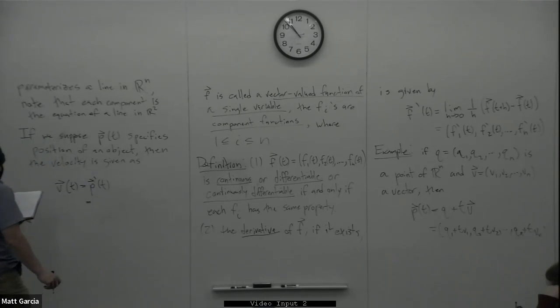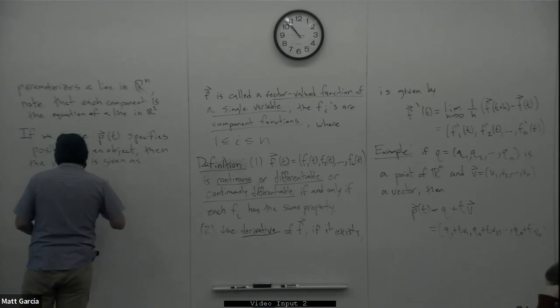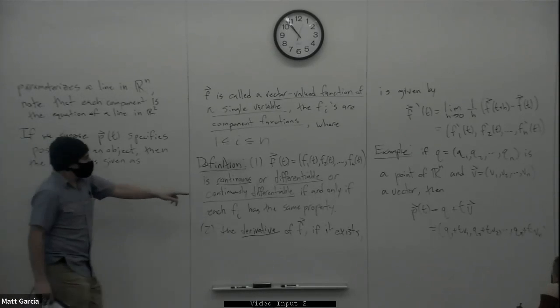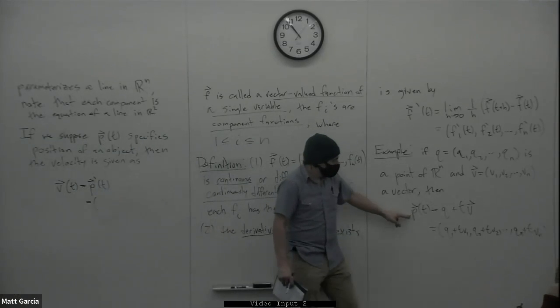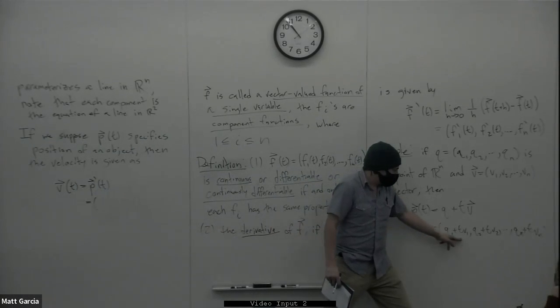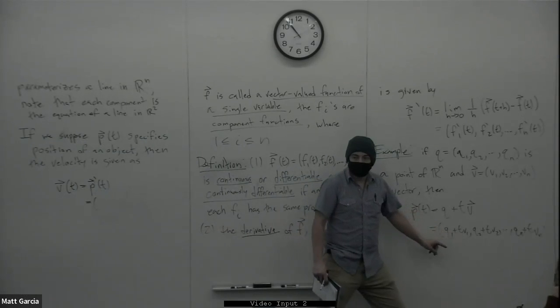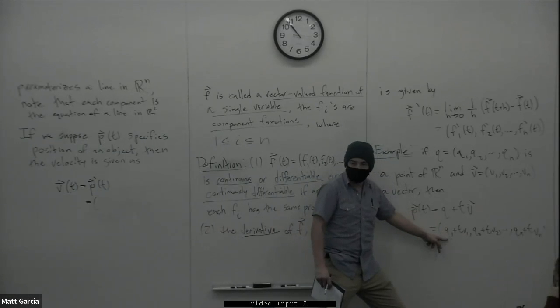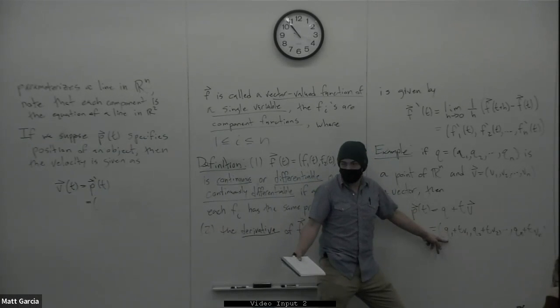Right. So let's differentiate this in terms of t. What's the derivative of the first component of p hat of t? So remember, this is our formula for p hat of t, and the first component is given by p1 plus t v1. Oh, it's just v1, right? It's the coefficient on the variable. The constant, i.e., the first component of the point, goes to 0.